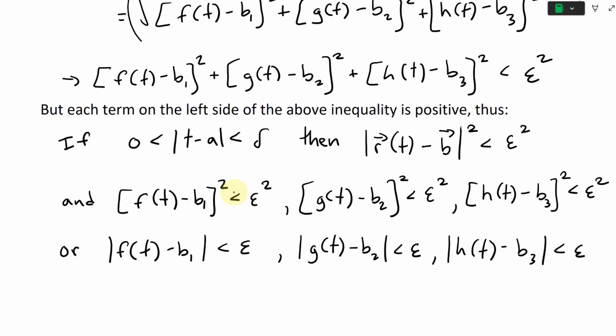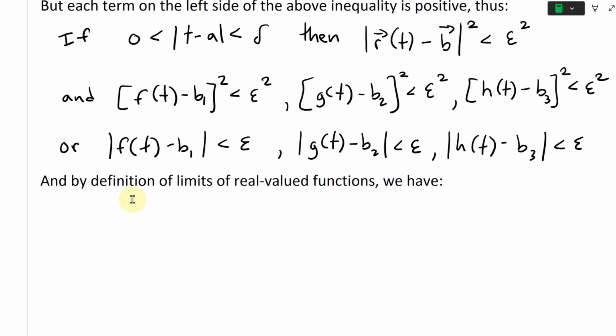And these are just real valued functions, so these all have limits. By definition of real valued limits, in other words, if we have this scenario for every one of these, then the limit exists for each component. So thus, the limit as t approaches a of f of t equals b1.